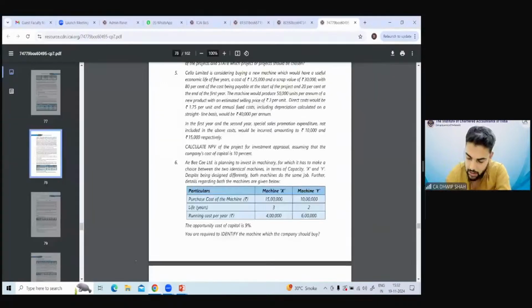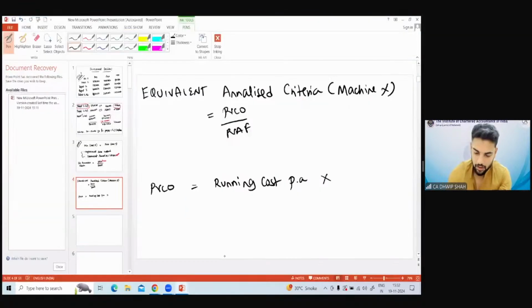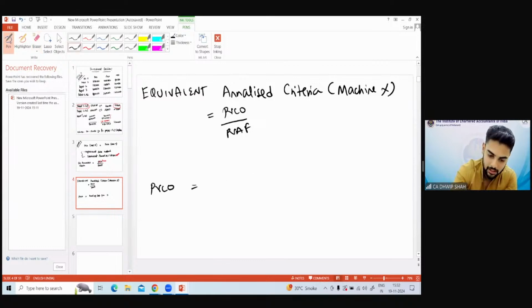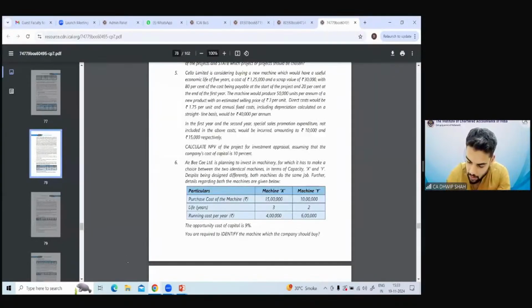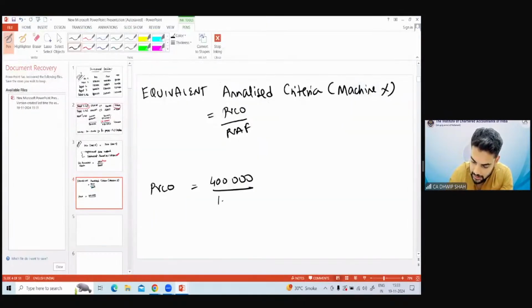We will discount this running cost, which is 4 lakh per year. Is everyone following? Machine X has a running cost of 4 lakhs per year. So we will discount that. What is the discounting rate? 9%. So we will discount it with 9%.